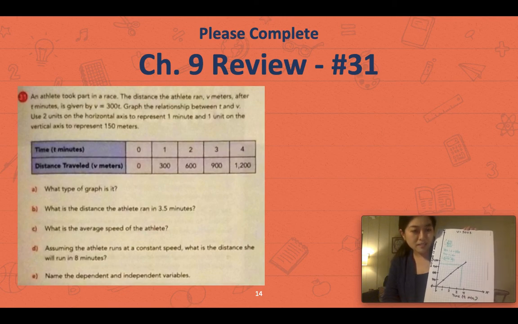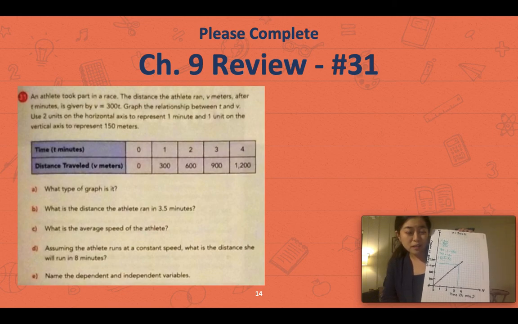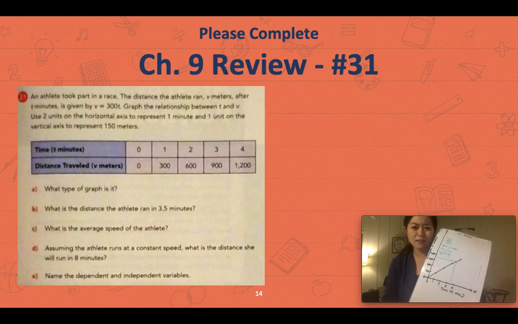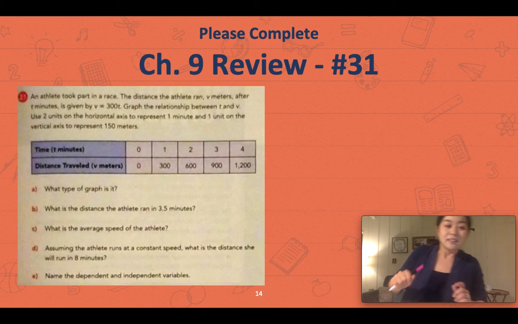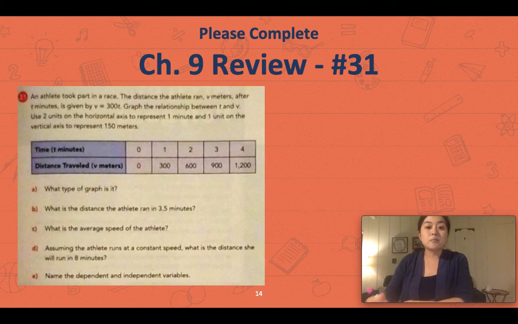And then C says, what is the average speed of the athlete? So how do we do this? How do we find the average speed? Do you remember? I'm kind of having a brain block moment. Speed is a rate, right?